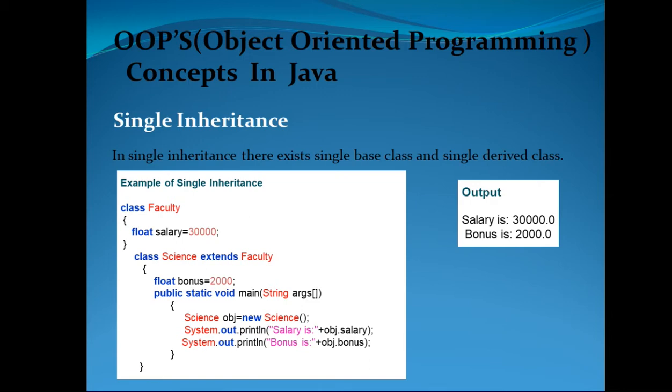After that it creates the object of the science class, and then it prints the value of salary and bonus. So the salary is 30,000 and the bonus is 2,000. So this is the single inheritance example. Please note this example.